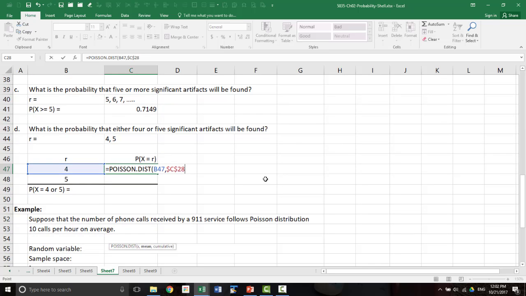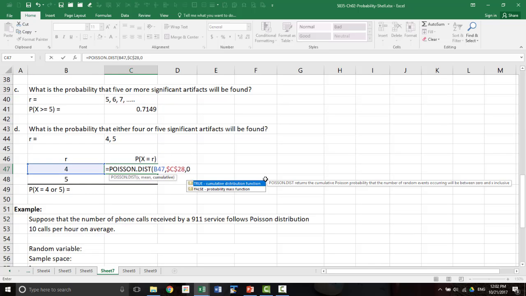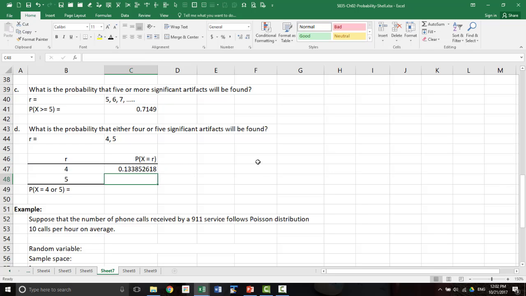Let's make lambda an absolute reference, and we have to do 0, so we get the probability for exactly r equal to 4, and then copy that down. Then the border line is gone, so let's put the border line back and sum the two.